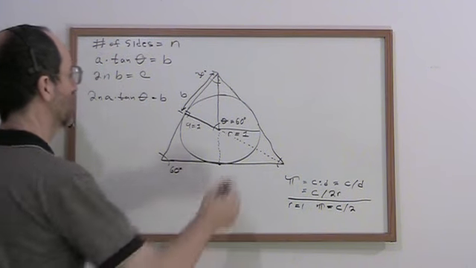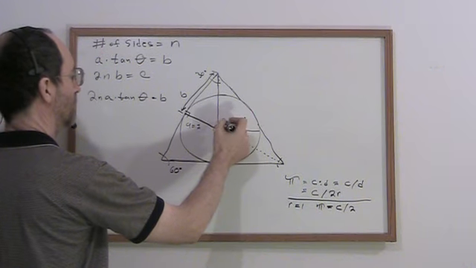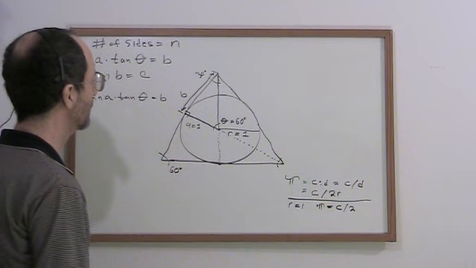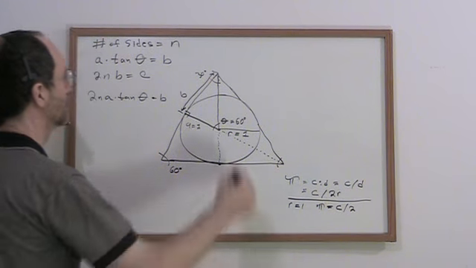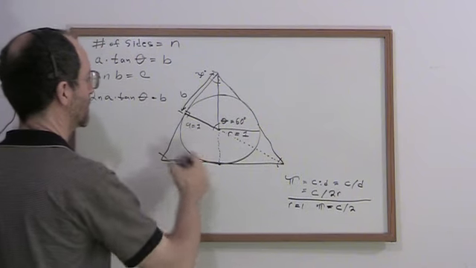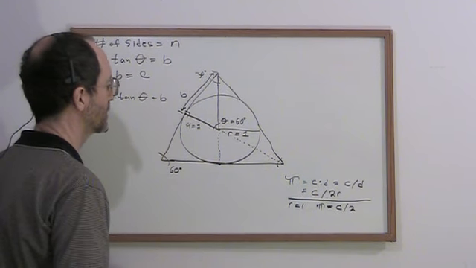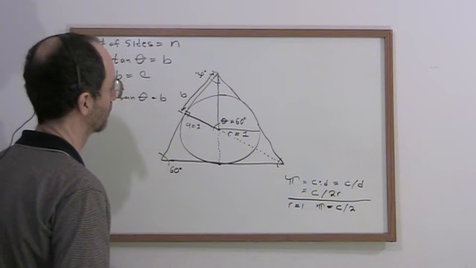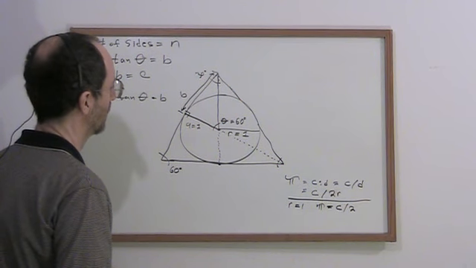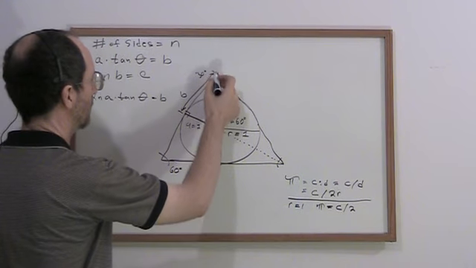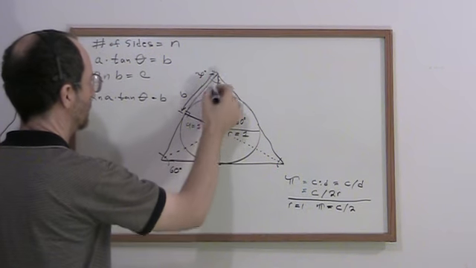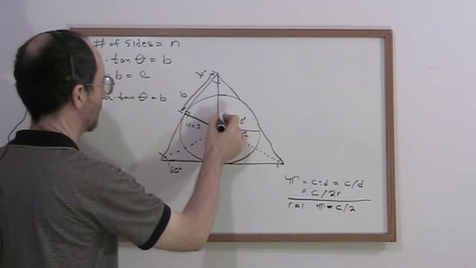What was I thinking? As we increase the number of sides, how do we track theta? So here the number of sides is 3. 360 divided by 3 is 120. And 120 would be this angle here, right?